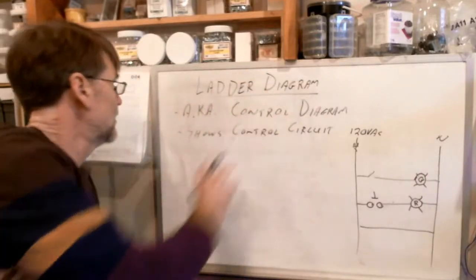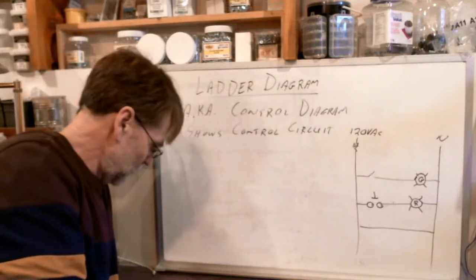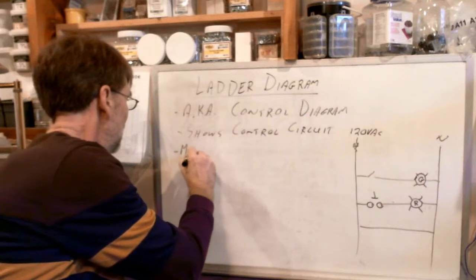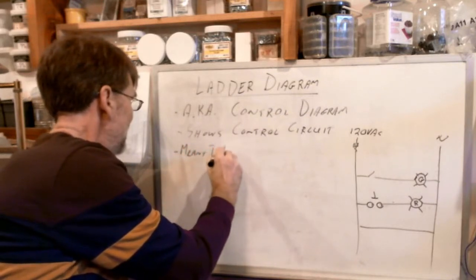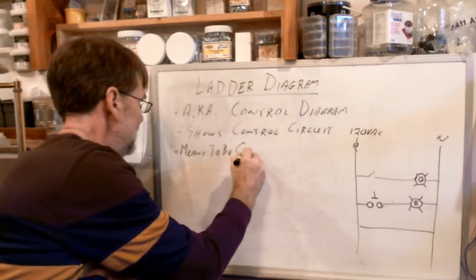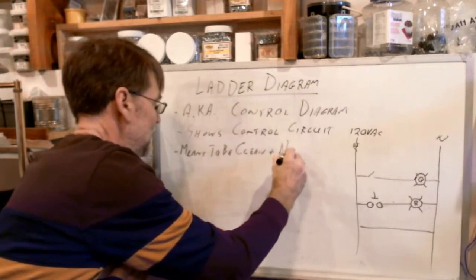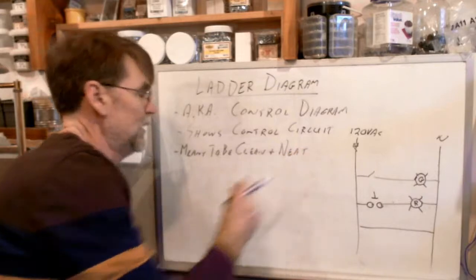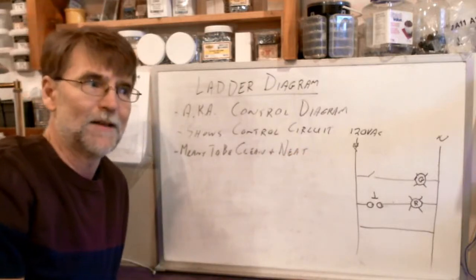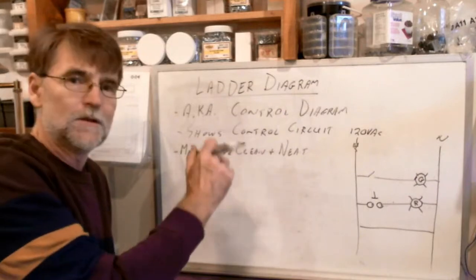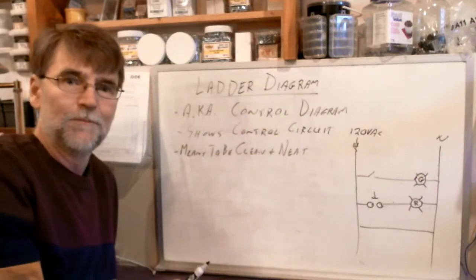Okay, so let's go back here and talk about some details. It is meant to be clean and neat and tidy. Unlike that wiring diagram that gets really messy really fast, we are going to keep the ladder diagram neat and tidy.